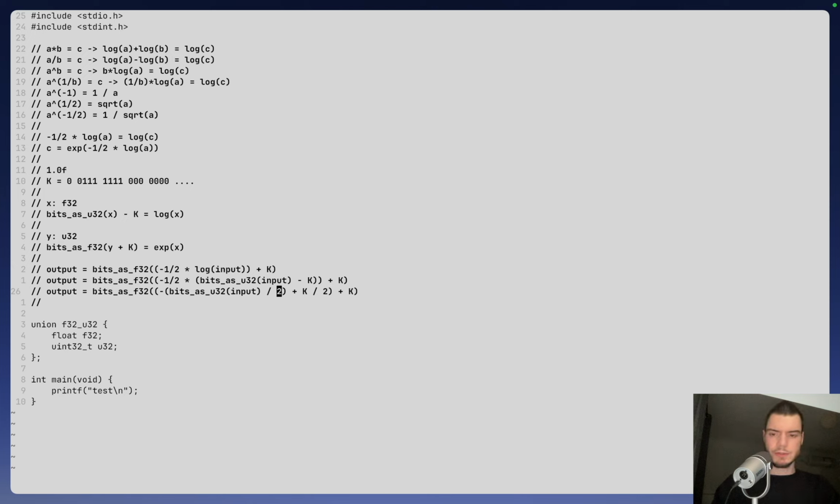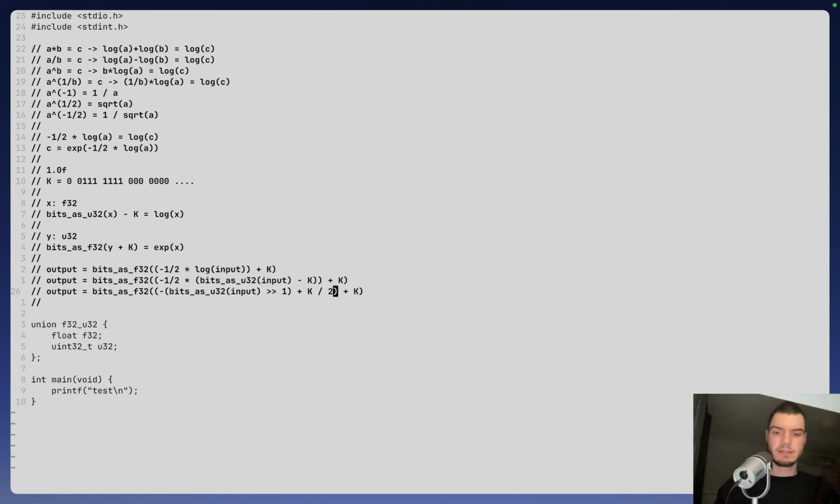now our division by 2, as we discussed before, that's really just a right shift by 1. So we take our bits, shift them to the right by 1, thus dividing them by 2. Take the negative of that, multiplied by minus 1, and add to that k divided by 2.